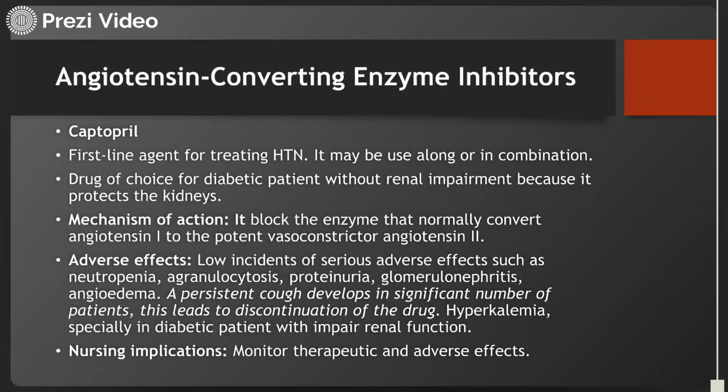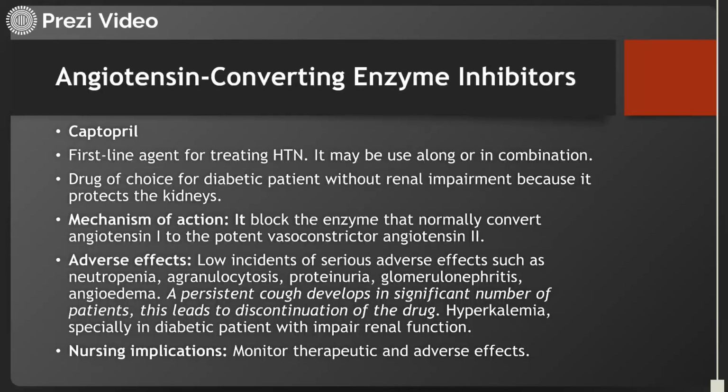Mechanism of action, as its name says, it blocks the enzyme that normally converts angiotensin 1 to the potent vasoconstrictor angiotensin 2. And because it doesn't allow constriction, the vessel is dilated and then it will reduce your pressure.